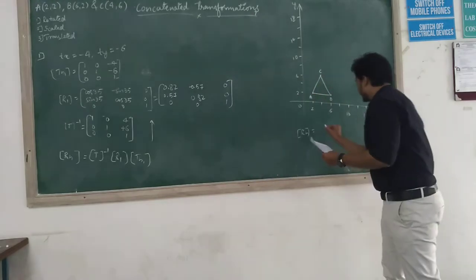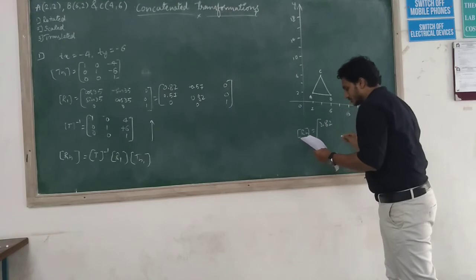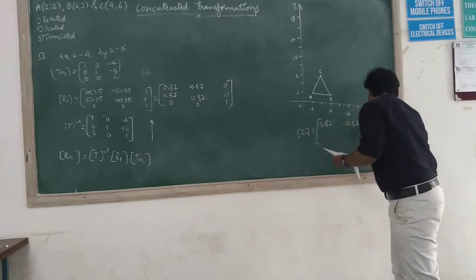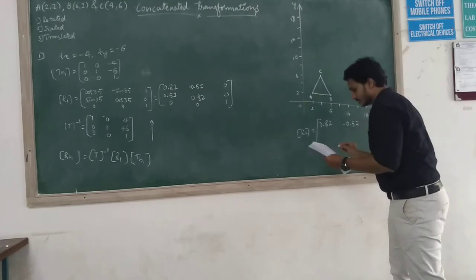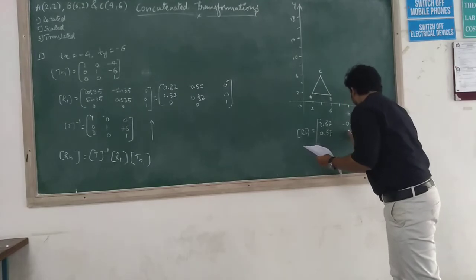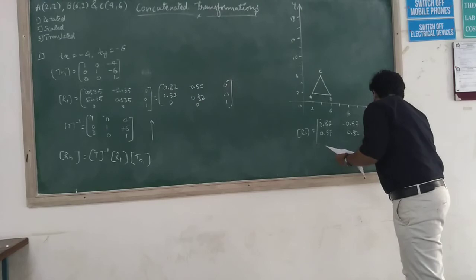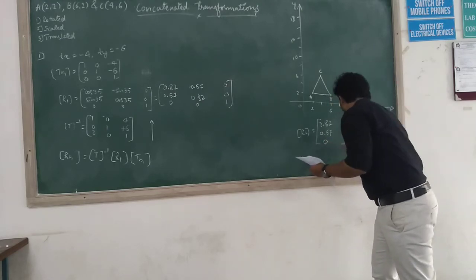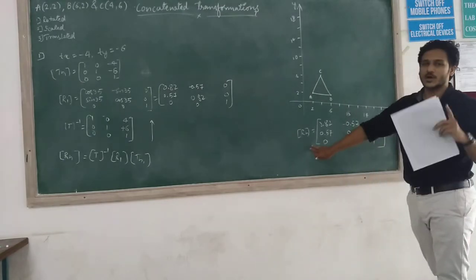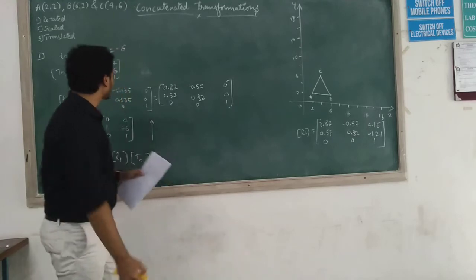So the final matrix is 0.82, minus 0.57, 4.16, 0.57, 0.82, minus 1.21, 0, 0, 1. Okay, so this is the first one. We got the rotated transformation matrix.